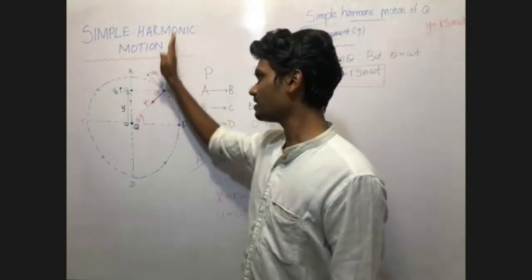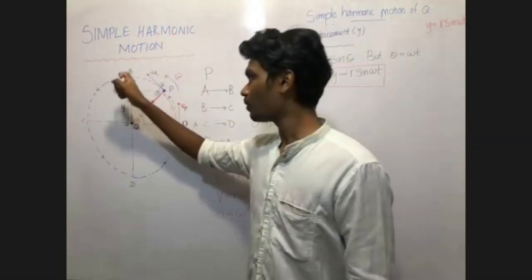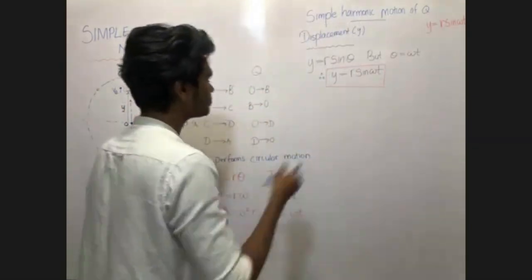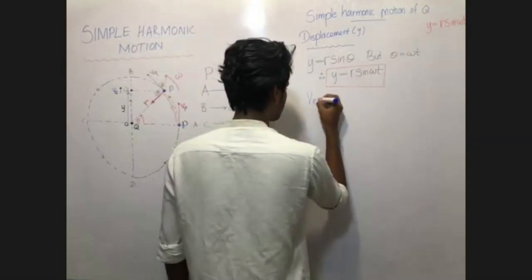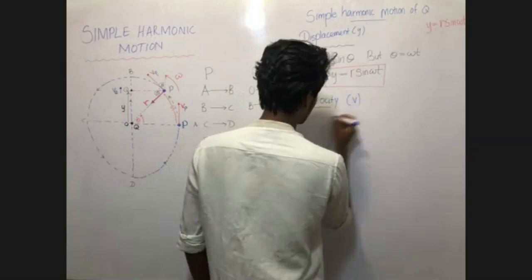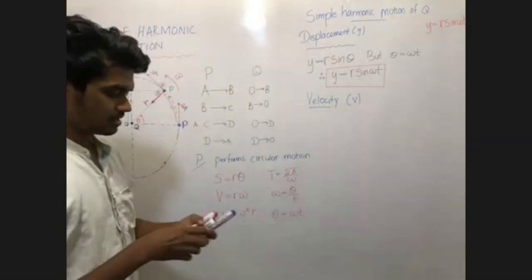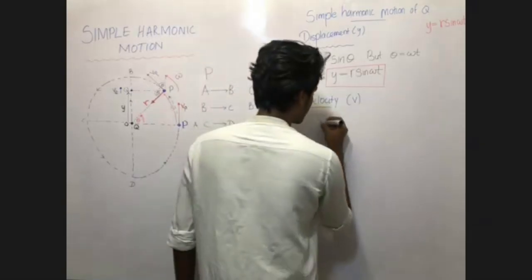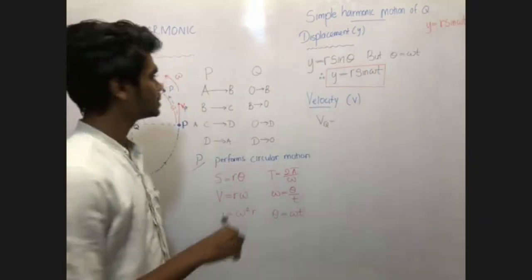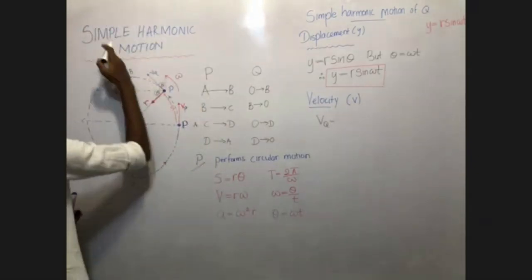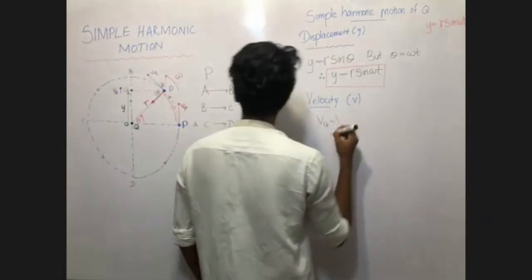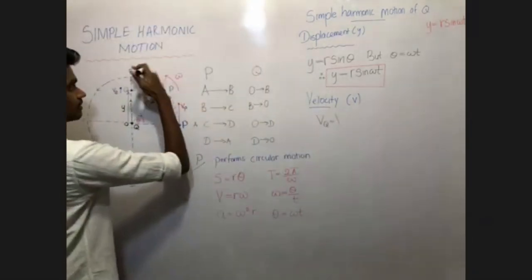So VQ is VP cos theta. Velocity, right? VQ is VP cos theta.